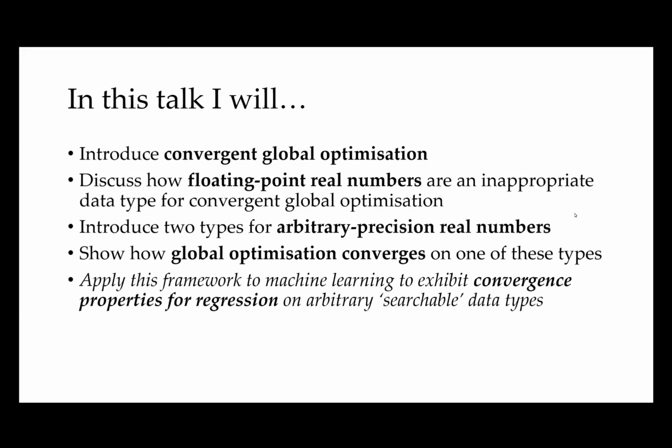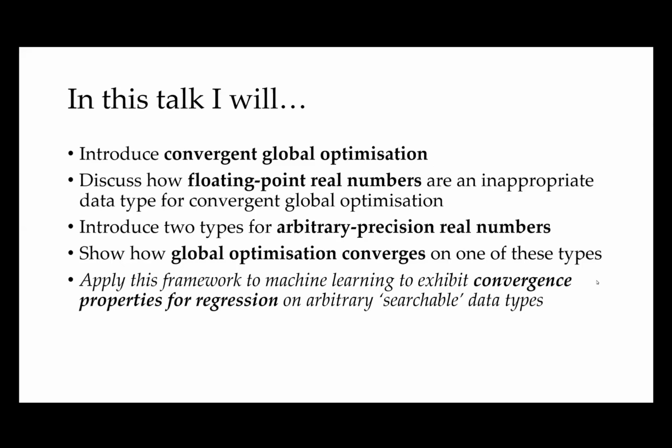So what I'm going to do is introduce this area of convergent global optimization, discuss how floating point real numbers aren't really an appropriate data type for this, then introduce two types for arbitrary precision real numbers, or constructive real numbers, and show how one of these types allows us to define this kind of convergent global optimization that we're discussing.